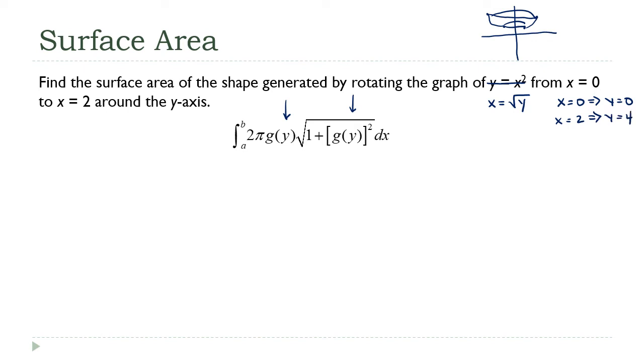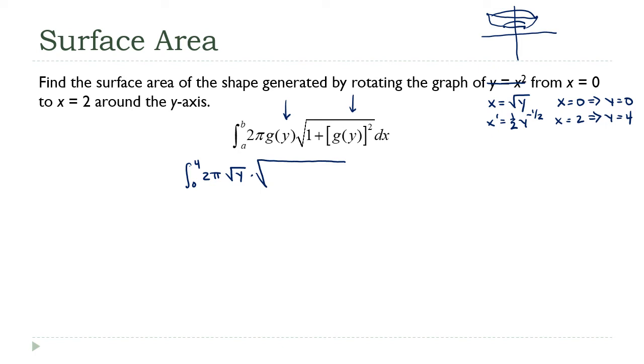So I'm going to integrate from 0 to 4, 2 pi square root of y times the square root of, and now I need the derivative. x prime is 1/2 y to the negative 1/2. I'm not concerned about the discontinuity because that derivative is continuous on that range.